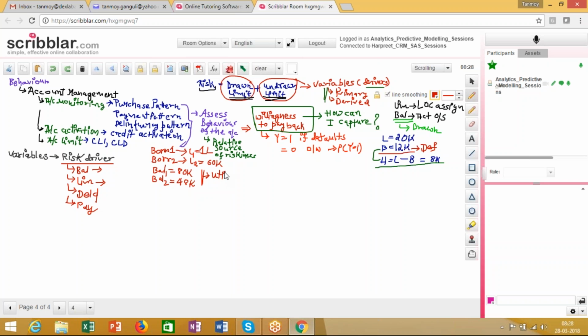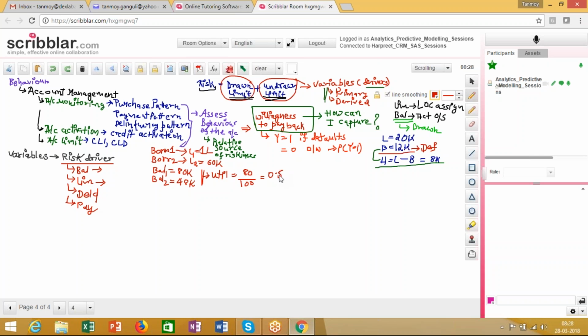Utilization gives me an idea about the balance that the guy has relative to the limit.